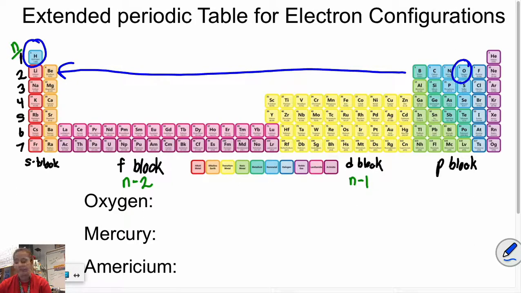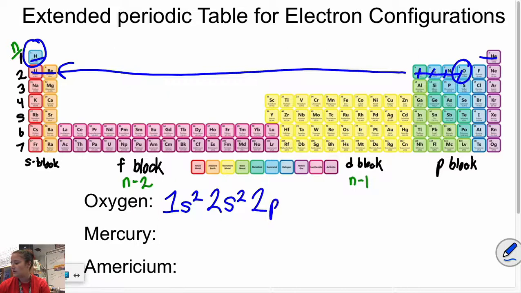Oxygen's electron configuration will be 1s2, 2s2, and then we get in the P block and we go 1, 2, 3, 4. So 2p4. And that's how we read the periodic table to get electron configurations.